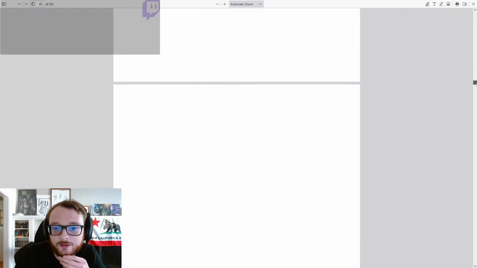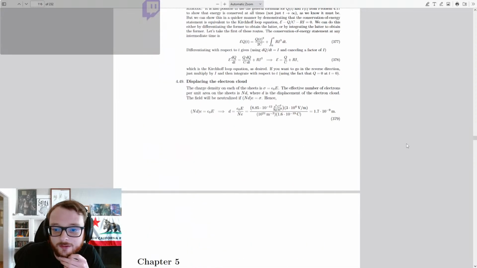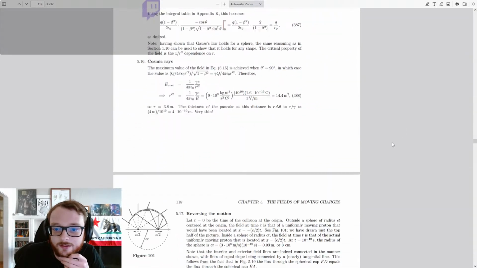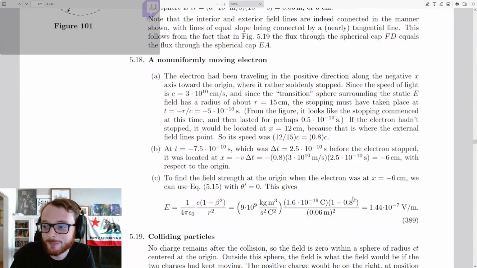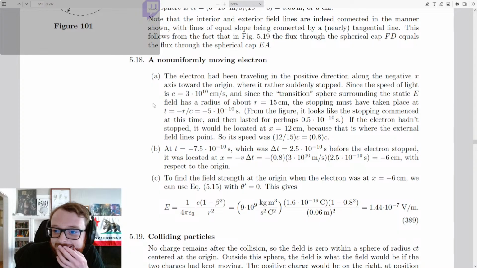Okay. 1.44 times 10 to the minus 7, in the positive x direction along the negative x axis towards the origin. Yeah, I was surprised too. You got the right answer. I'm reading the rest of it now, but wow.